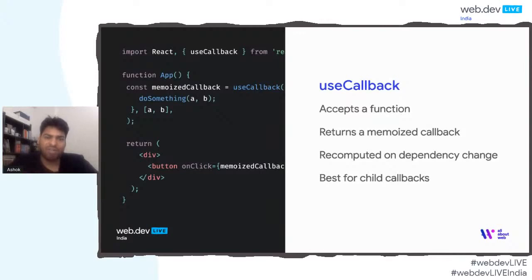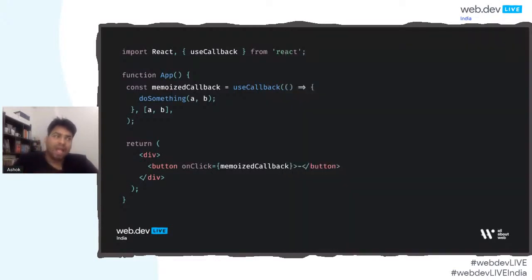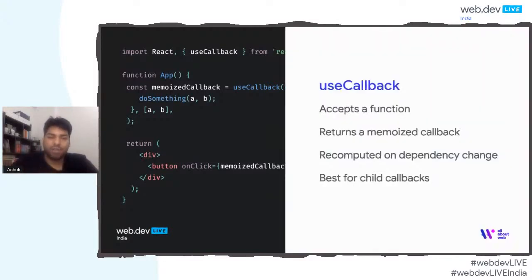It accepts a function and returns a memoized callback, which you can call anywhere in your application, and it's recomputed when the dependencies change. So in this example, if the value of A or B changes, then your memoized callback's return value will change. Otherwise, it's going to be the same.